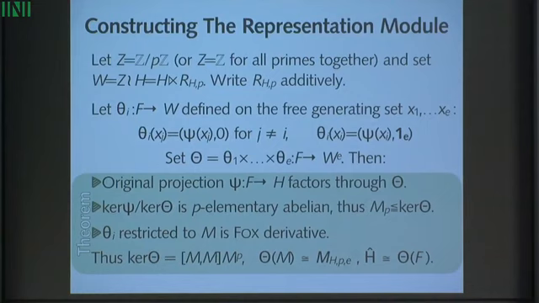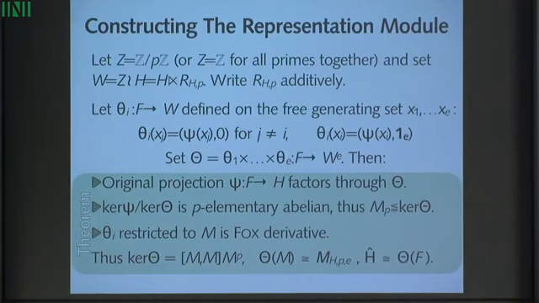first, it's not hard to see the original projection factors through that map, because the original projection is part of it. The kernel, what I'm putting underneath, comes from an E-fold copy of the regular module, so it's still p-elementary abelian. So my kernel is correct.